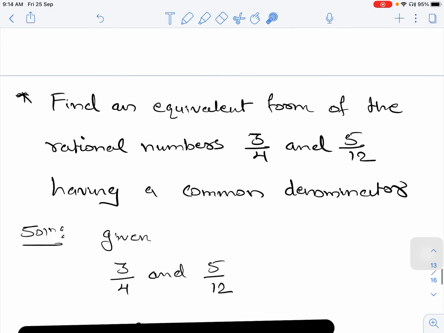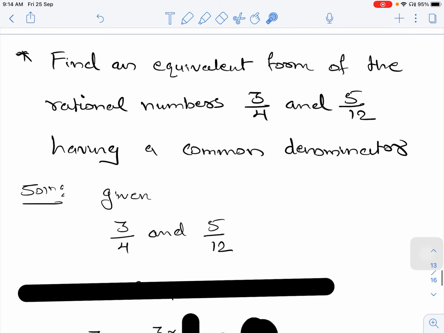Okay, now let us consider the next example. Now in this example it is given: find an equivalent form of the rational numbers 3 upon 4 and 5 upon 12 having a common denominator. Now, it means that we want to write numbers which are equivalent to 3 upon 4 and 5 upon 12, but they both should have the same denominator.